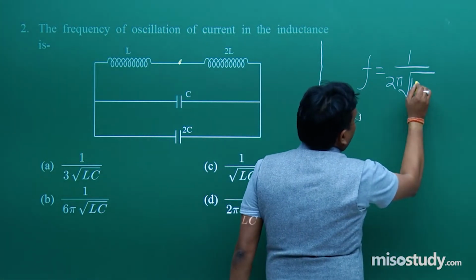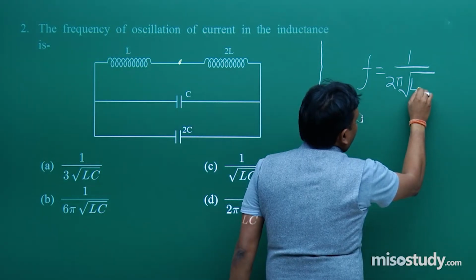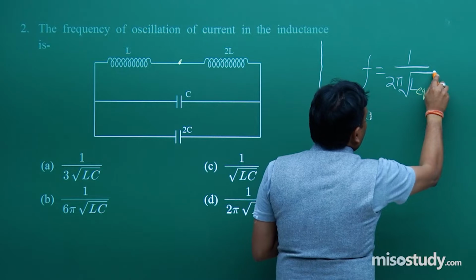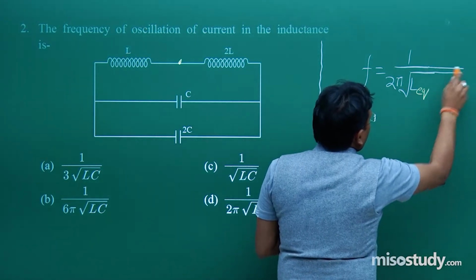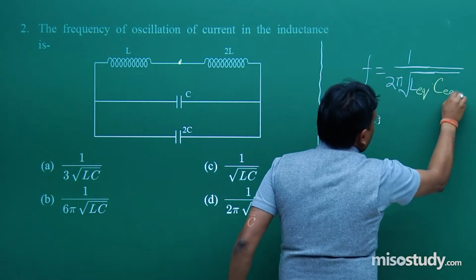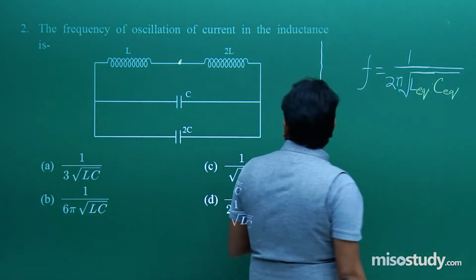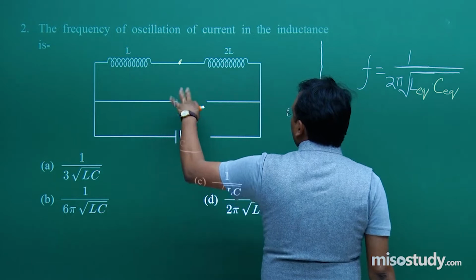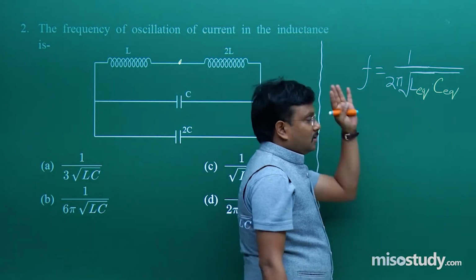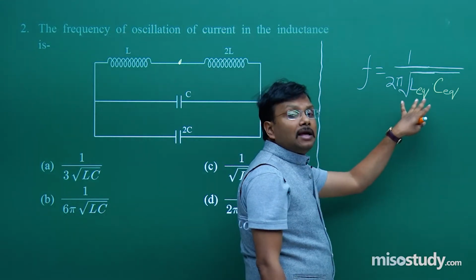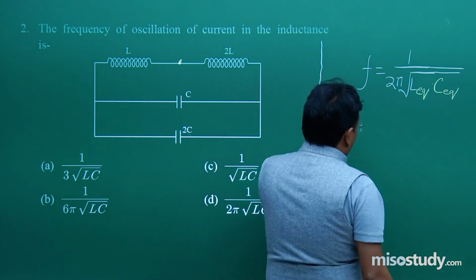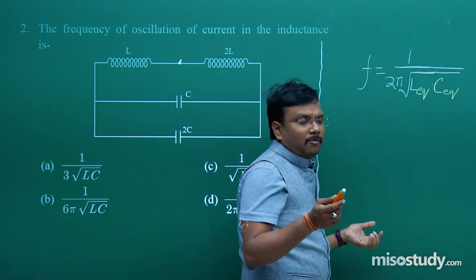I will write it as L equal into C equal, because 2 inductors, 2 capacitors, individually why write them down? So write down like this. Ultimately you can find the L equal, that is the series combination, C equal, that is the parallel combination. Fine. So that is not a problem for you.